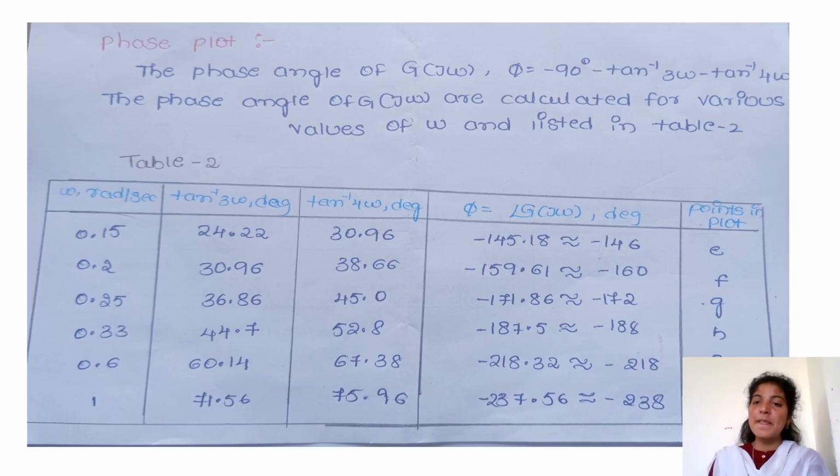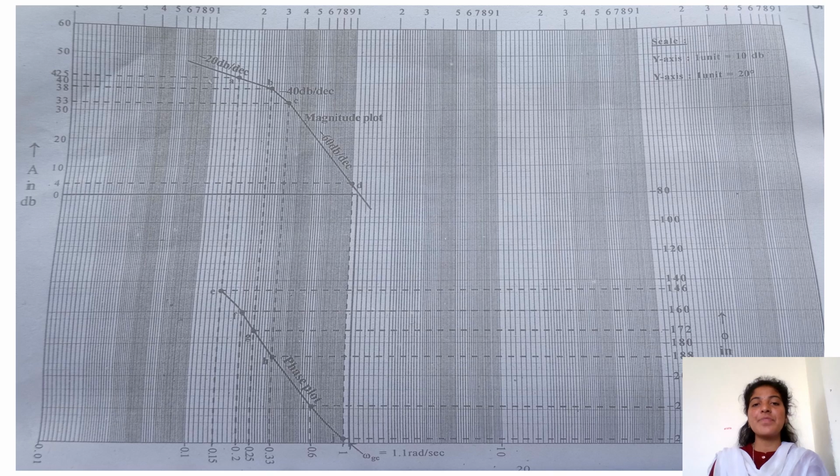The values we got for the omega value 0.15 is approximately minus 146 degrees, for 0.2 is minus 160 degrees, for 0.25 is minus 172 degrees, 0.33 is approximately minus 188 degrees, 0.6 is minus 218 degrees, and for 1 is minus 238 degrees approximately.